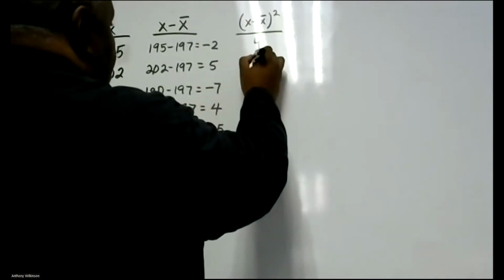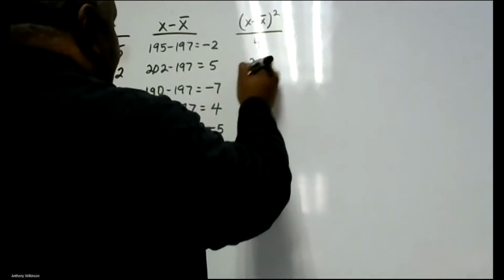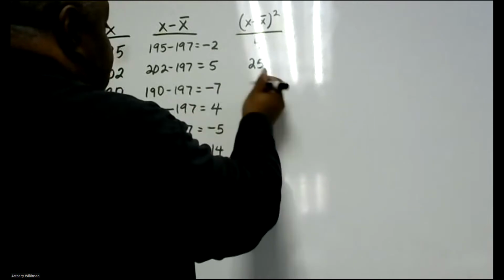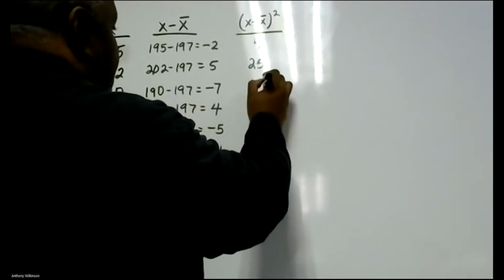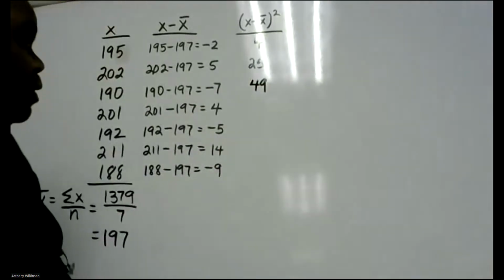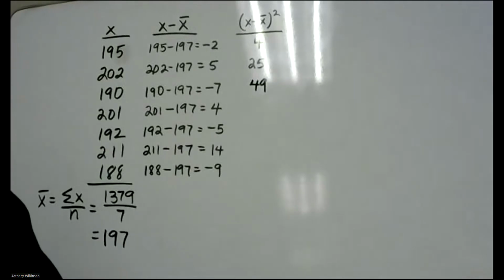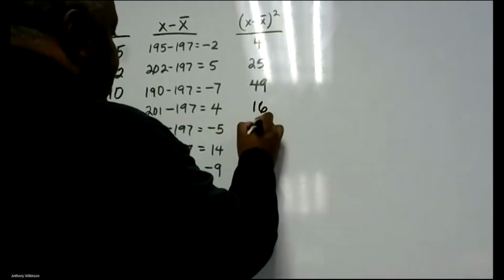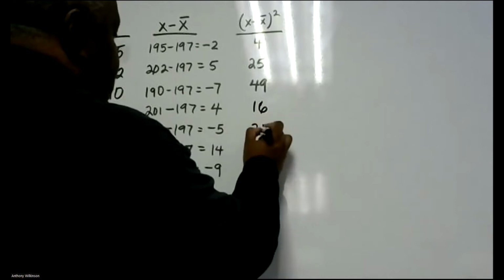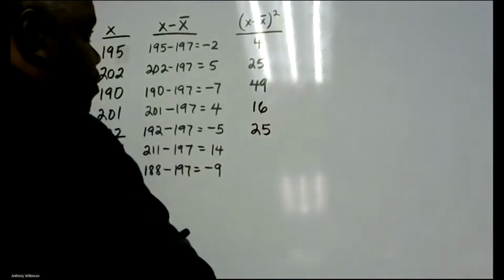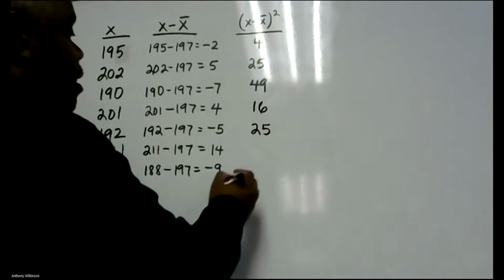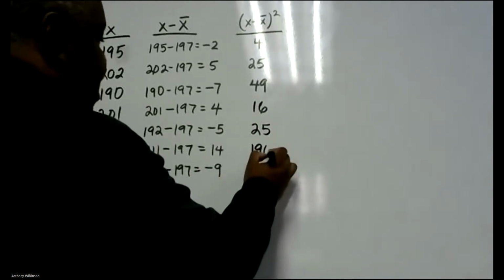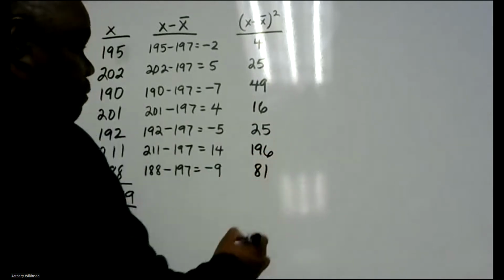Square 5, that's 25. Square -7, it'll be 49 because that's -7 times -7. Square 4, it will be 16. Square -5, it will be 25. Square 14, 196, and square -9, 81.